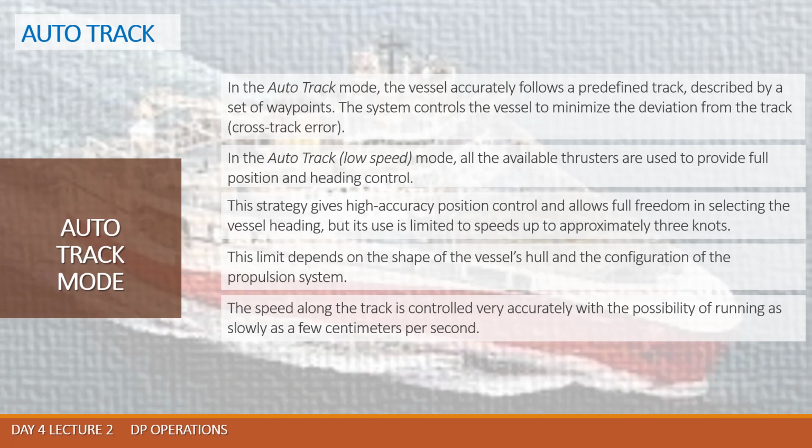Many operations when we use auto track mode are conducted in low speed mode. But for certain purposes, the high speed mode may be required. Here we will not have the same precision, and many vessels are equipped with auto track which allows the use of the fast movement mode between waypoints, with not so precise position deviation as in low speed mode.